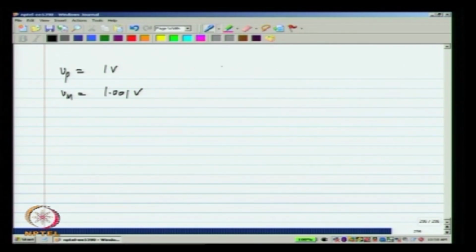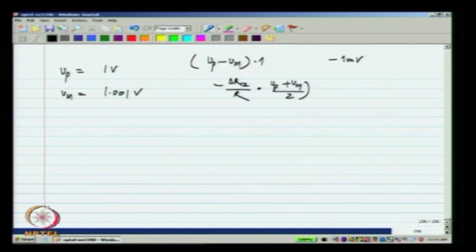So, the output will be Vp minus Vm times 1, this part is minus 1 millivolt, plus some resistor mismatch times Vp plus Vm by 2. Now, Vp plus Vm by 2 is approximately 1 volt. It is 1.0005 volt.